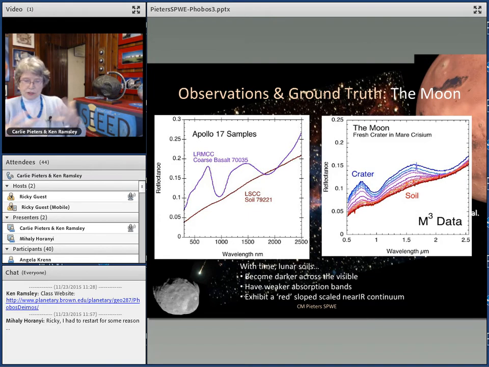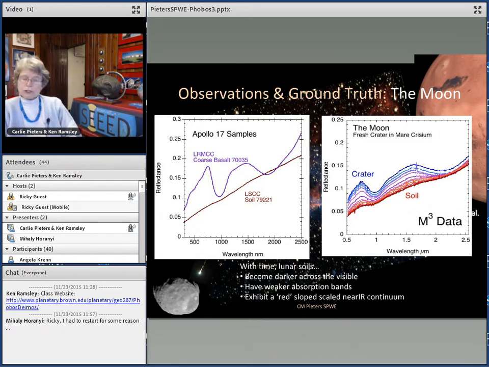And with time, in both the samples and with the remote measurements, you can see that the soils in the visible part of the spectrum become darker, and these diagnostic absorption bands become much weaker.